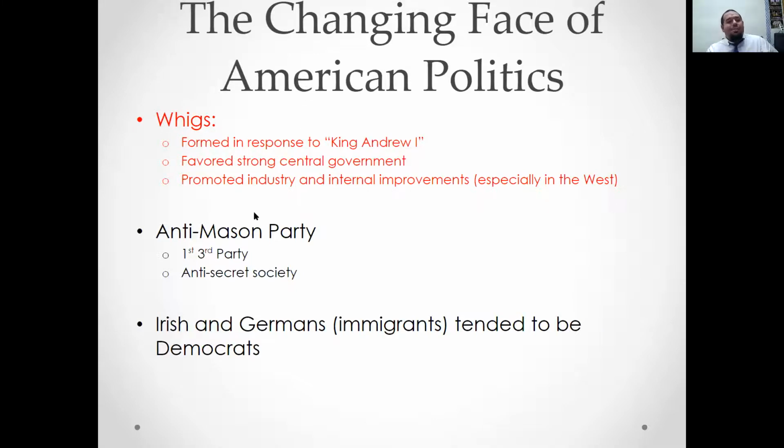They favored a strong central government and promoted industry and internal improvements, especially in the West. You have the rise of the first third party, the Anti-Mason Party, which was anti-establishment and anti-secret society. And just know that when Irish and German immigrants came, they tended to vote Democrat.